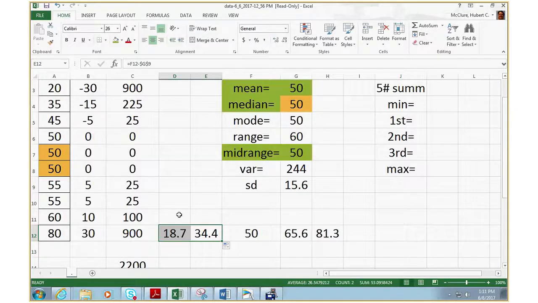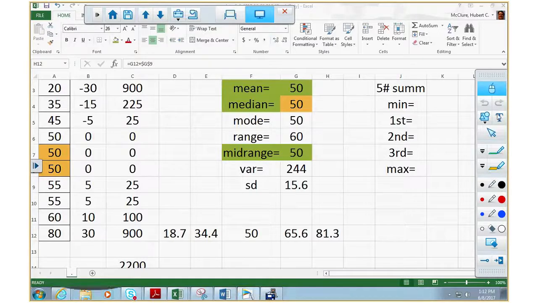So 90% of the population is going to fall between 19 and what? 81. Now let me take my handy dandy whiteboard. Keep it separate.